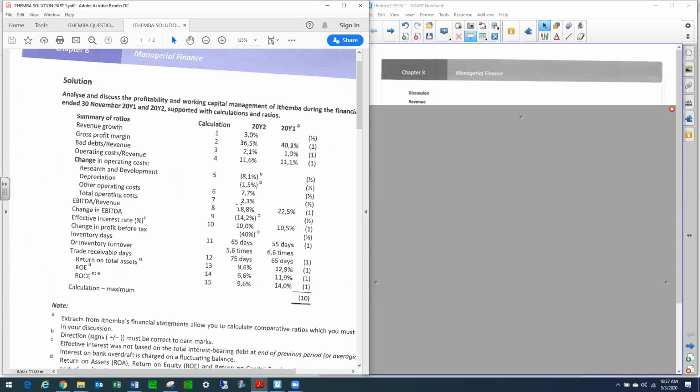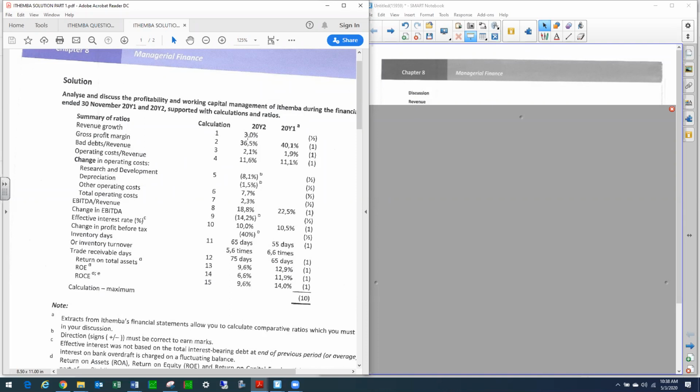Do the simple stuff first. 3%. Revenue improved. Now, what is inflation in South Africa? 5%. Okay, so has it improved or has it gone down in real terms? Down in real terms. So we've got to say it is not improved. And why is it not improved?